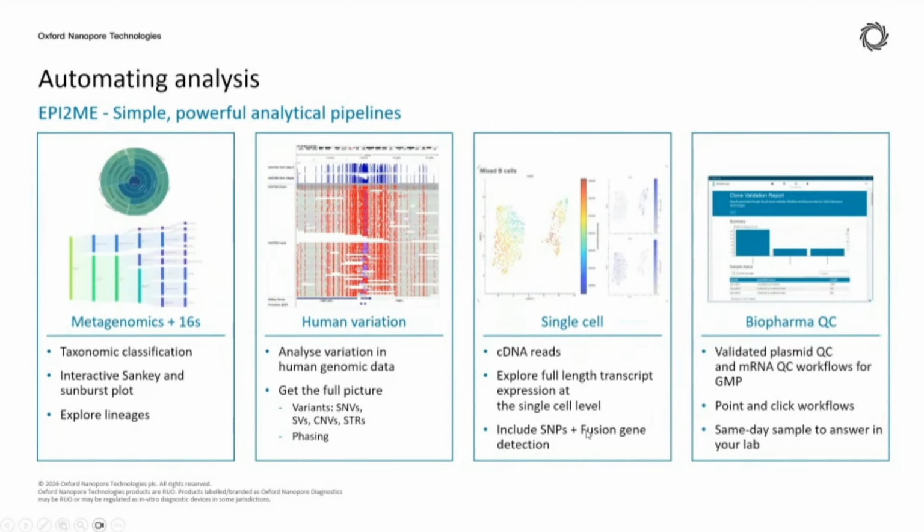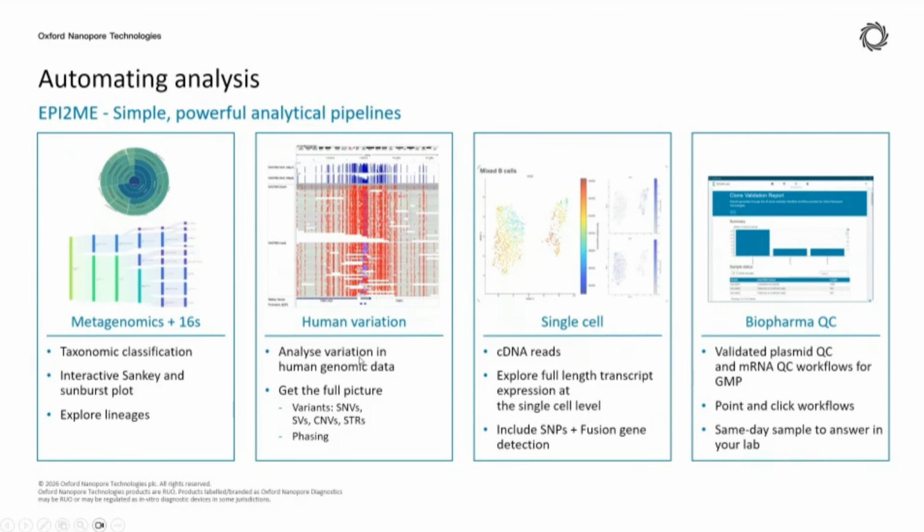And what are the analyses that we can carry out by using the EPI2ME software? Actually it comes with multiple analysis workflows or pipelines. Some pipelines are suitable for analyzing metagenomics data, and some are more specialized to analyze human genetics, like getting the genetic variants out from human whole genome sequencing.